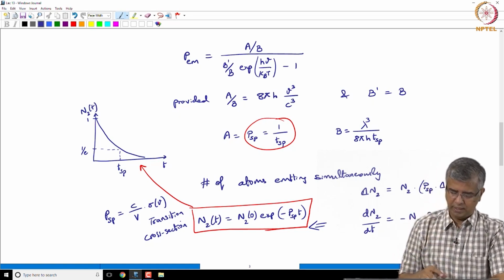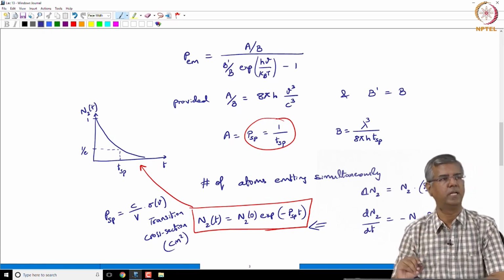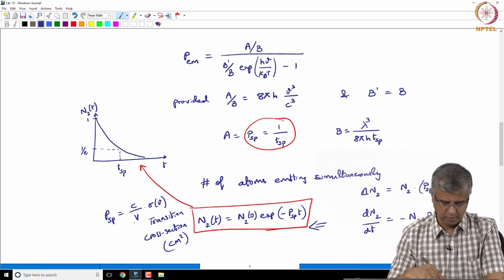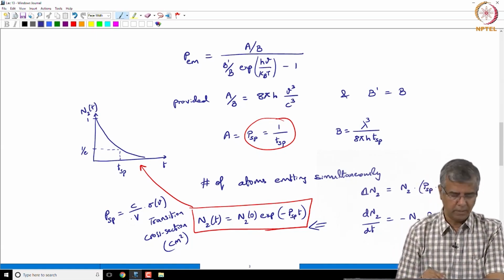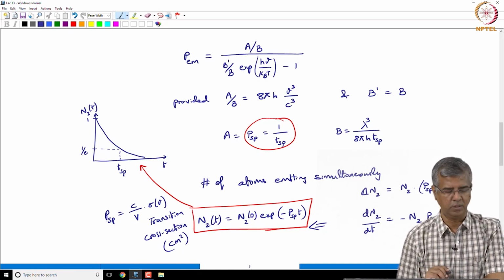So, the transition cross section is typically expressed in terms of meter square or centimeter square, right, and clearly in this case the volume is in meter cube, and probability density is actually unitless.